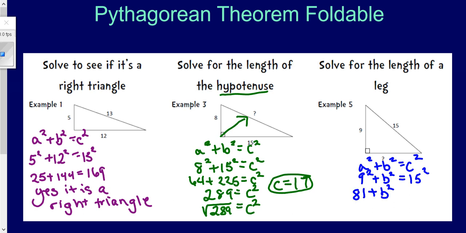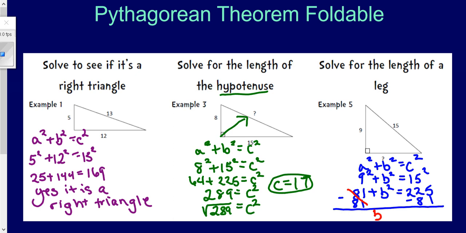Okay, so I'm going to have 81 plus b squared equals 225. So to find my area that adds to the 81 to make 225, I'm just going to subtract. And I have to subtract from both sides to keep my equation balanced.